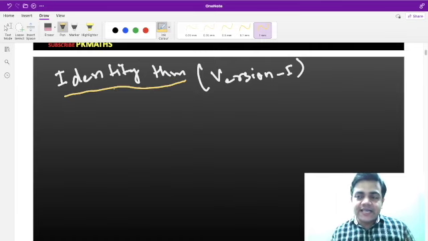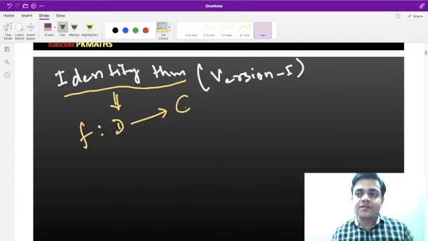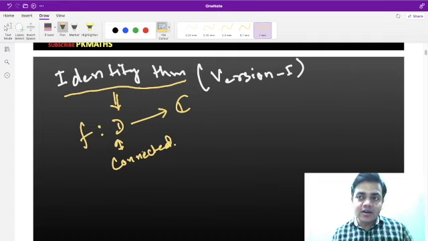So what is the identity theorem? If you have a function f from D to C, and your D is connected, it should be a connected set.